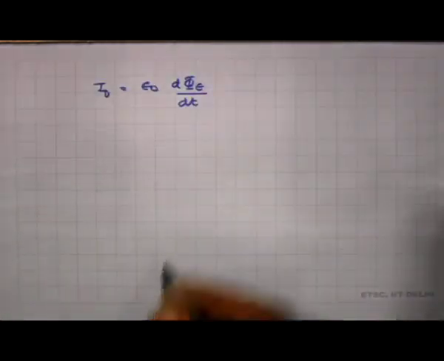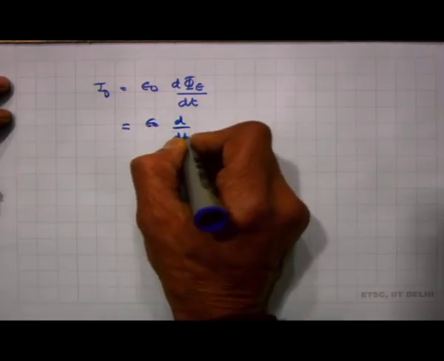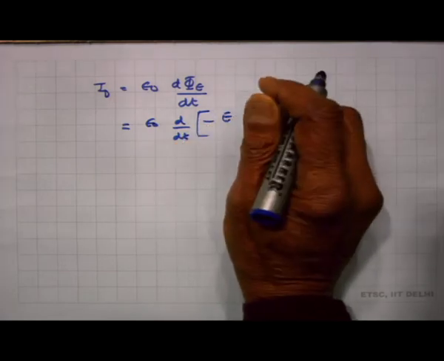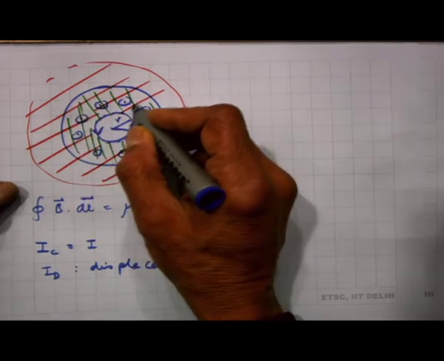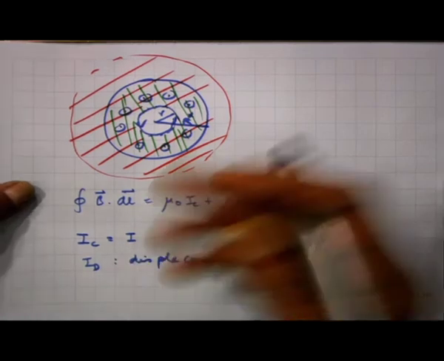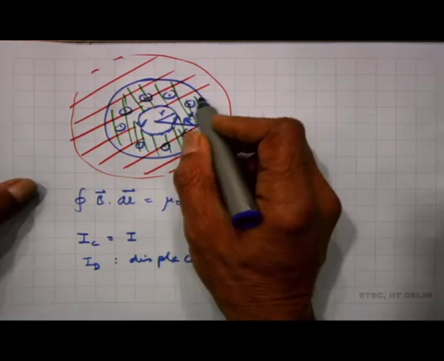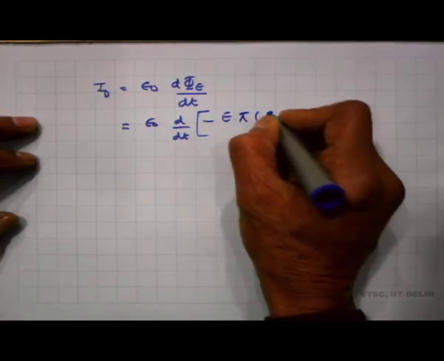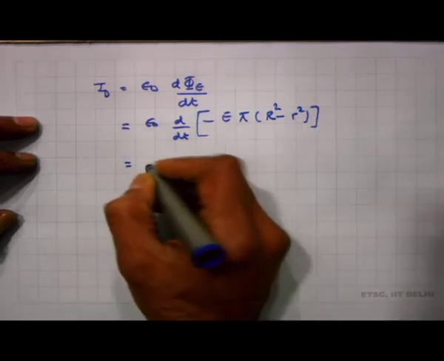What I will get is epsilon 0 d by dt of minus the electric field times this area. I am assuming the electric field to be uniform between the capacitor plates and there is no electric field outside. So, the electric field is uniform and the area is nothing but pi capital R square minus pi small r square.